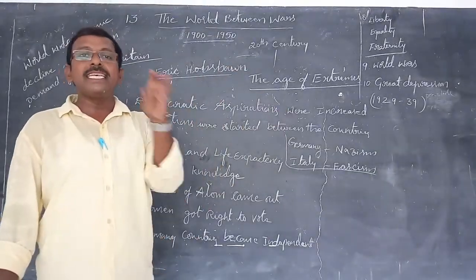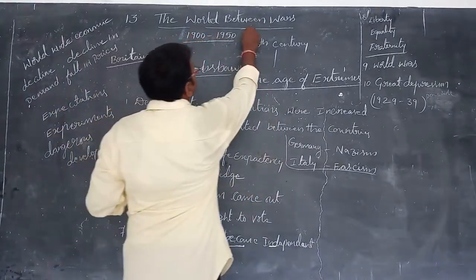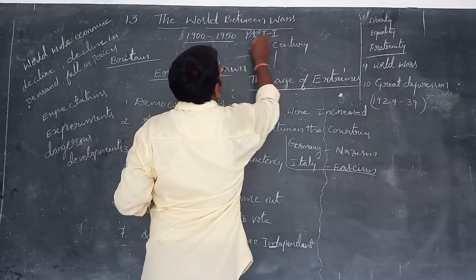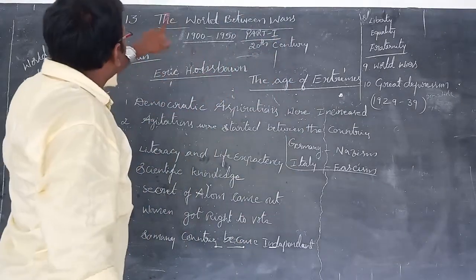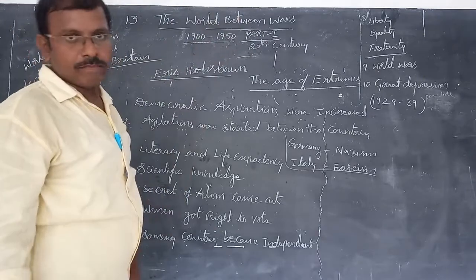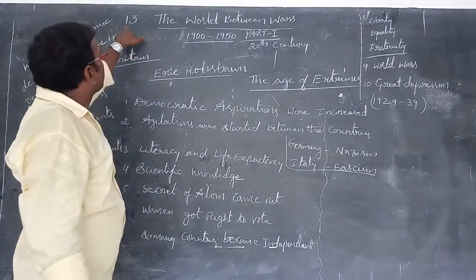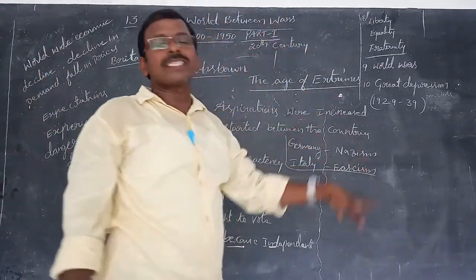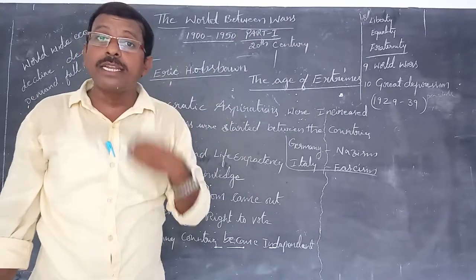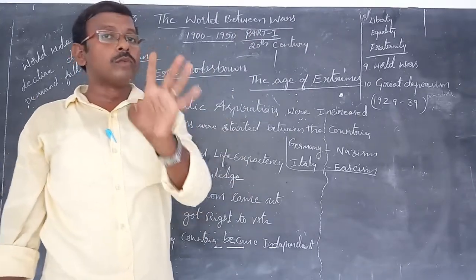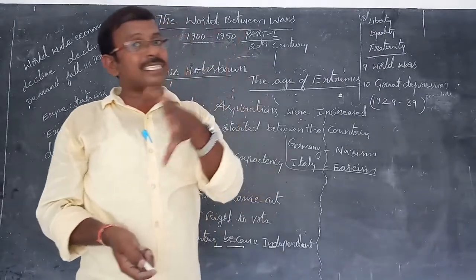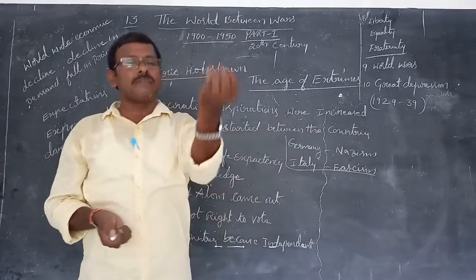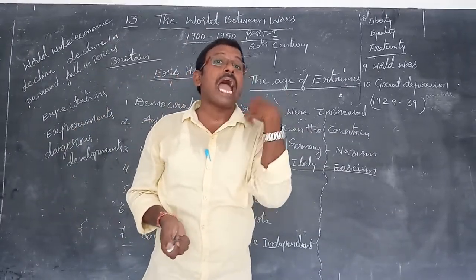After that, in this chapter, this is part 1. Actually, part 1 and part 2 are there. Next is part 2, the next chapter, chapter 2: 1900 to 1950. What happened? In this chapter, we will discuss the two world wars, their causes or provocations, the results, and the consequences. After the two world wars, what happened?